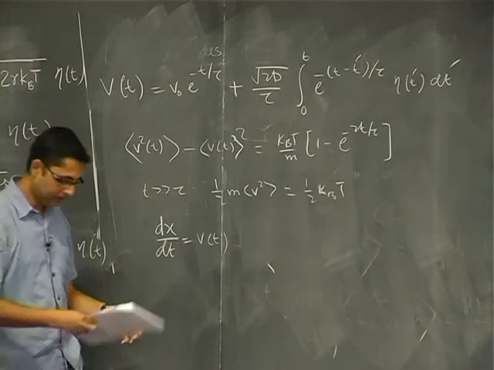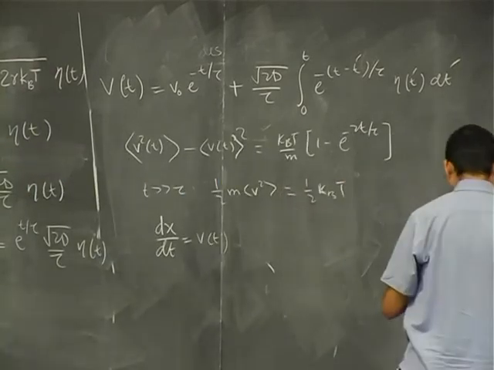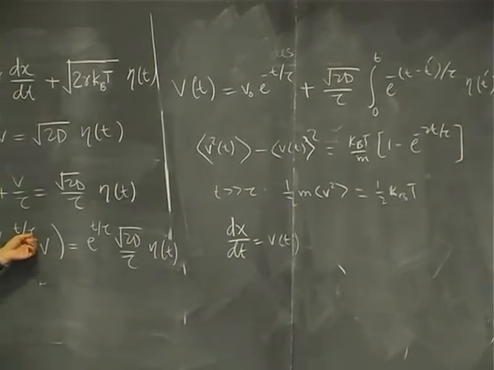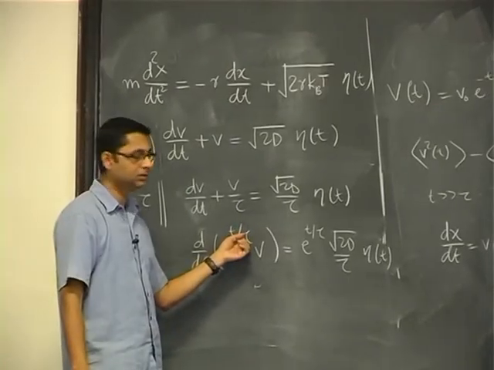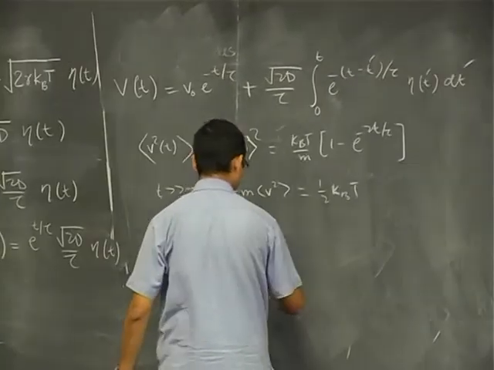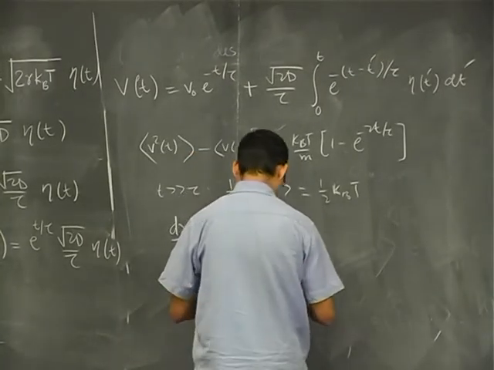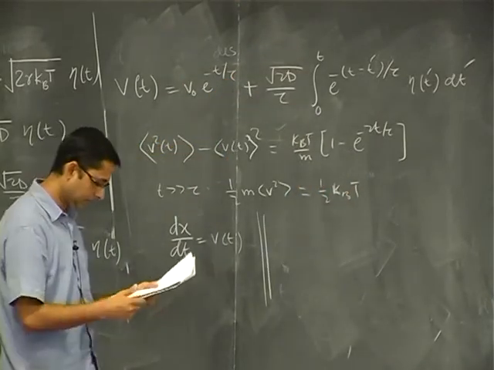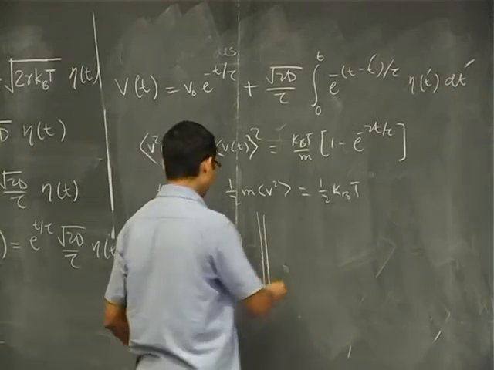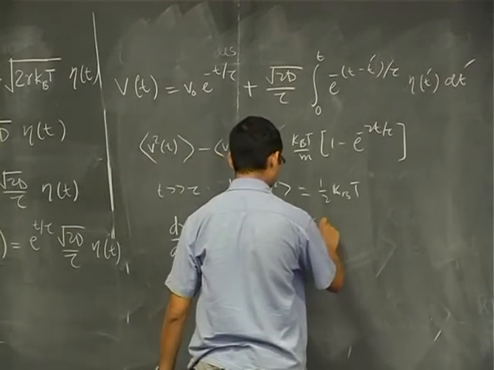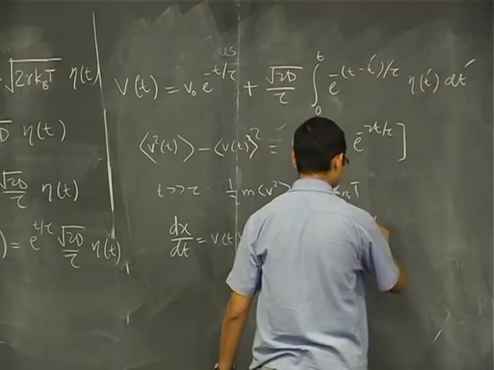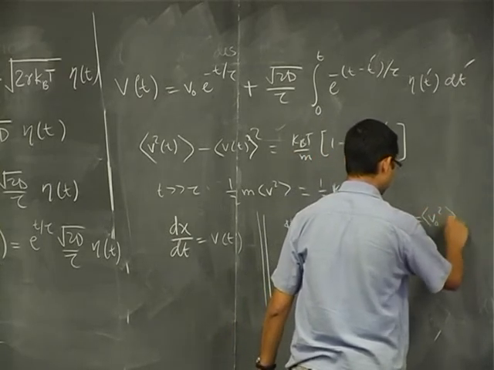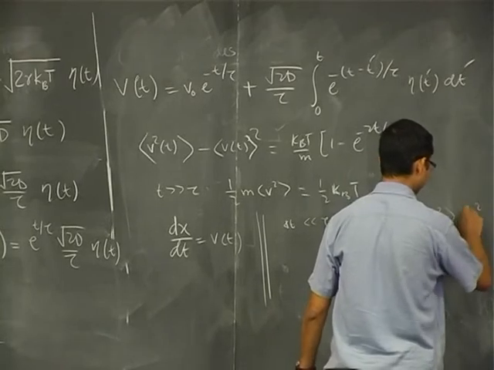What you can find is that if you look at a time scale, some delta t, which is much smaller than tau, then delta x square average will go like v0 square average times delta t square, right?